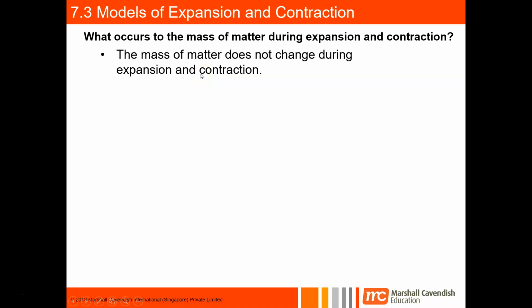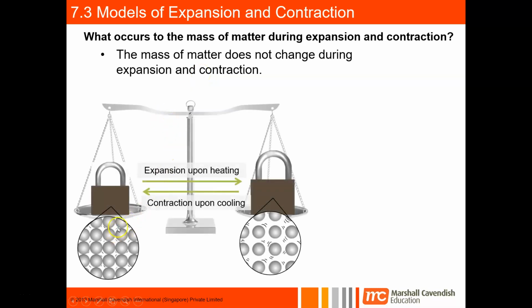For example, in this metal log, let's just say that there are 100 particles. Obviously there are billions, or even trillions, of particles in a log, but that's for the sake of simple counting.